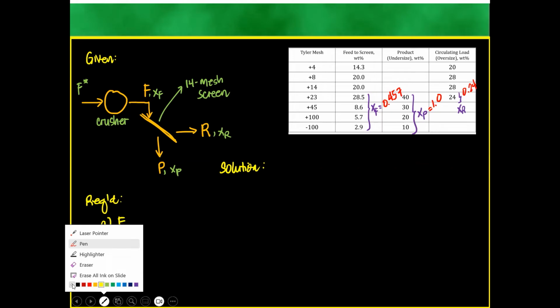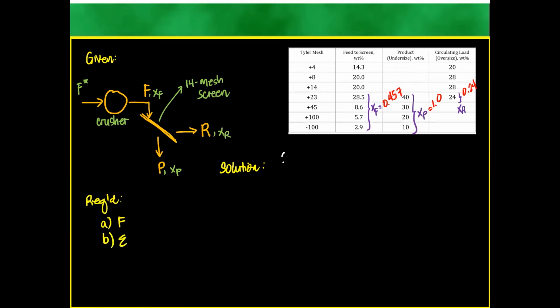First, of course, is your overall material balance: F is equal to P plus R, and then the component balance, FXF is equal to PXP plus RXR.